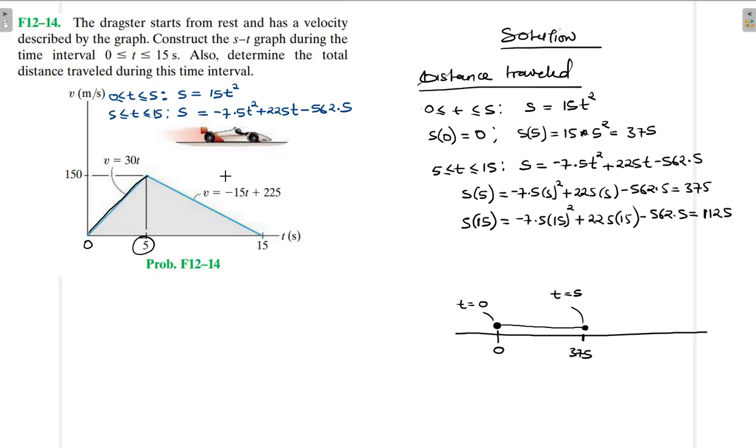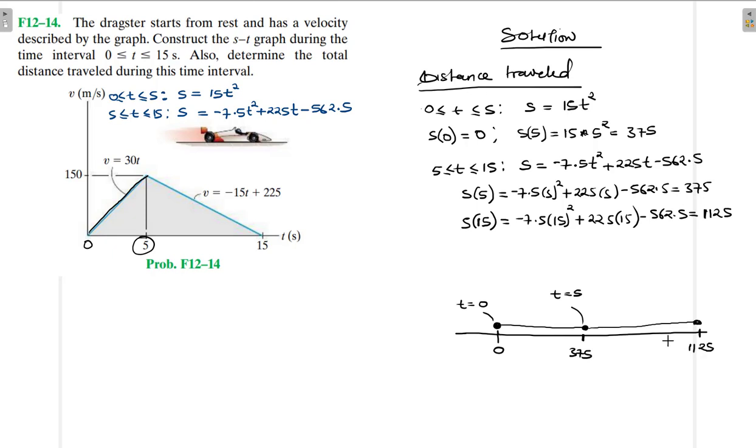We use this other, because the velocity here, you've seen it is changing. Initially it was increasing, and it changed direction, right? So when t is equal to 5 for this equation, it gives us the same. And then when t is equal to 15, we see it further moving up to the distance of about 1125.